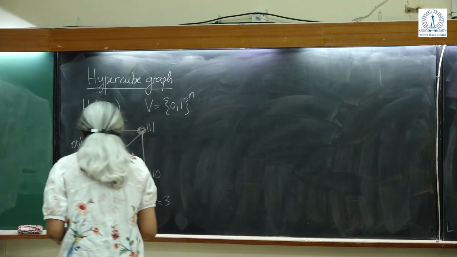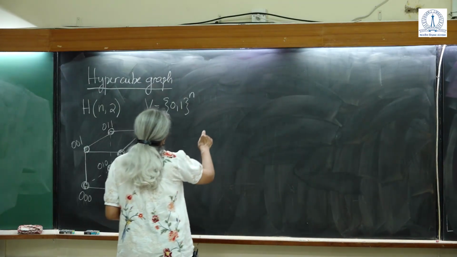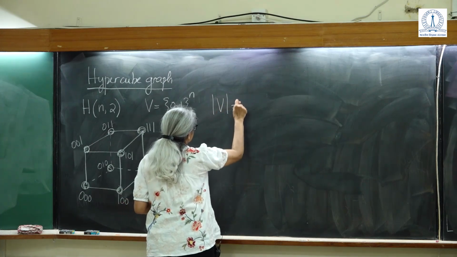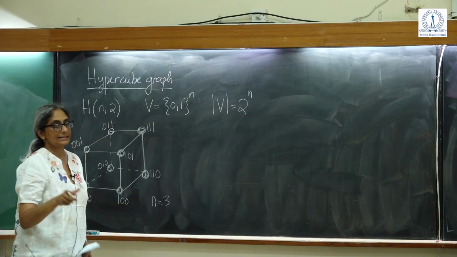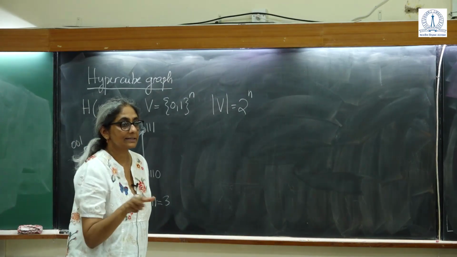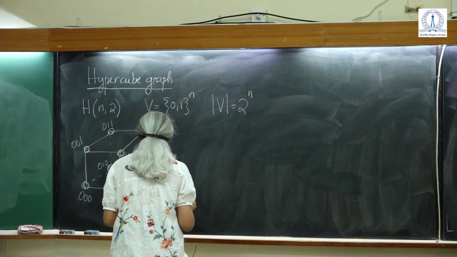The cardinality of the set, of course, is 2 to the n. And then the edges are defined by Hamming distance. Let me define what this is.